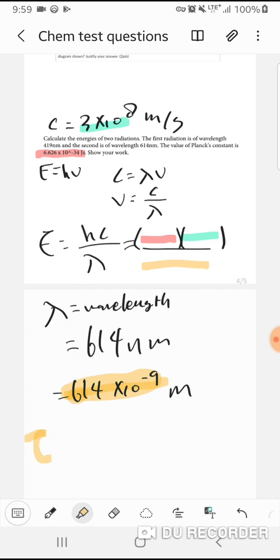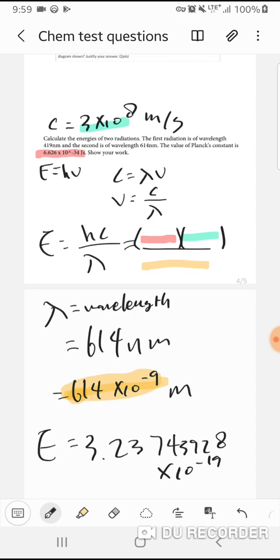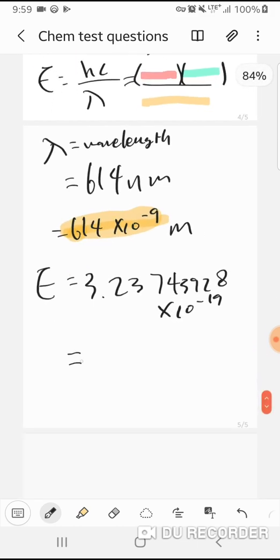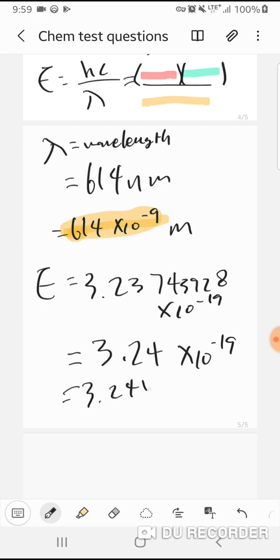So our E would equal 3.2374598 times 10 to the negative 19th power. If we round that to three significant figures, we have 3.24 times 10 to the negative 19th power joules.